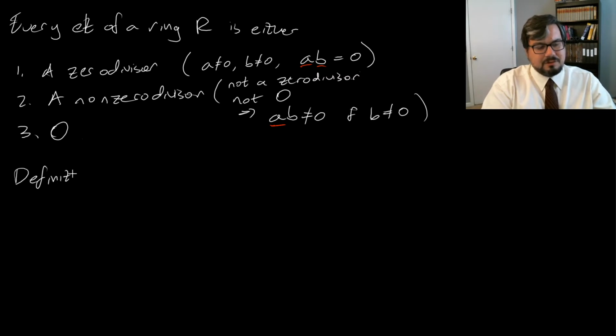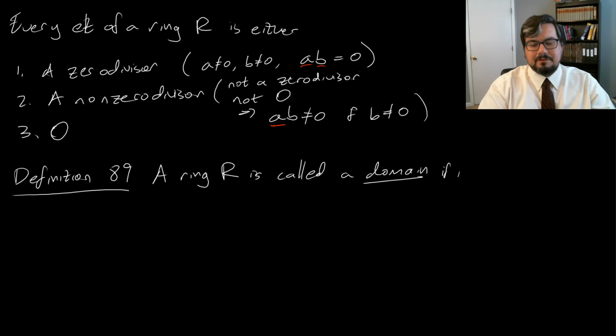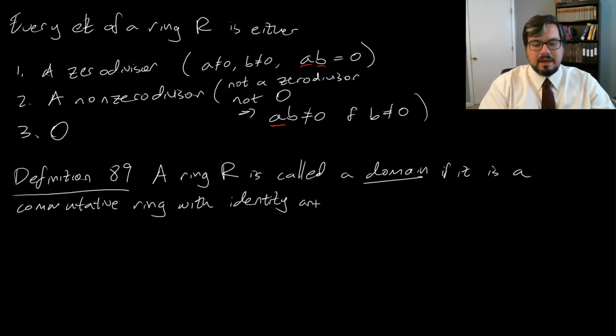So definition 89, a ring R is called a domain if it is a commutative ring with identity and has no zero divisors.